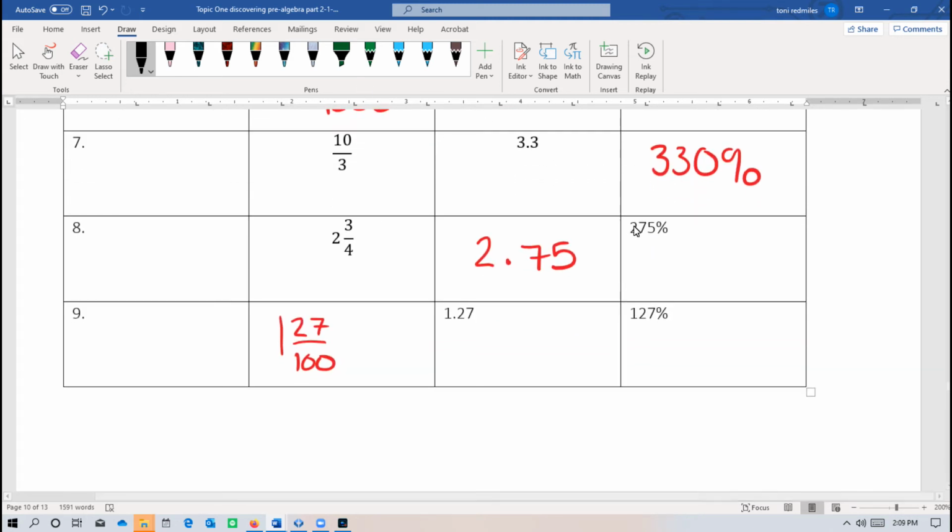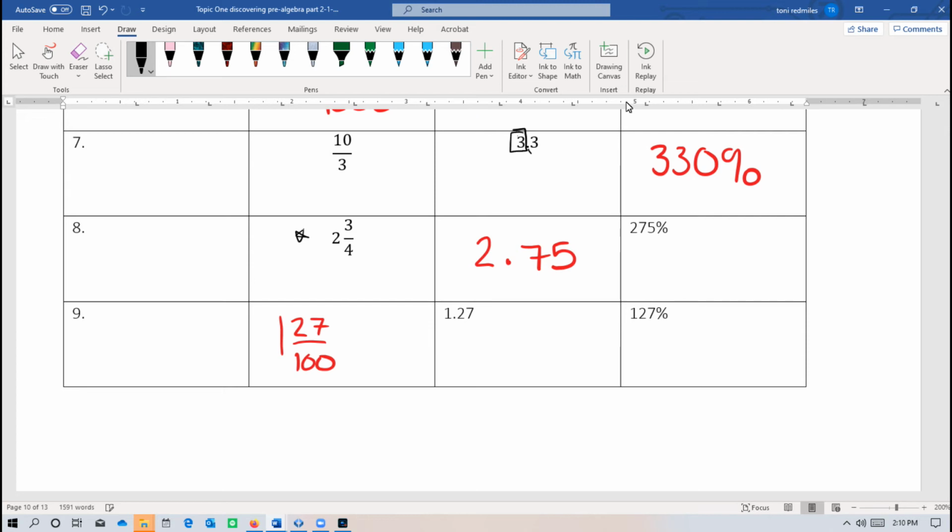In this one, we're given the fraction and the decimal. We did a decimal last, so we'll go ahead and do the decimal first, and then on this one, I'll do the fraction. All right, so I have more than 1 here, which means I better have more than 100%, right?